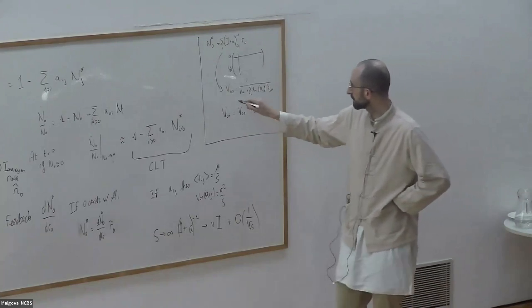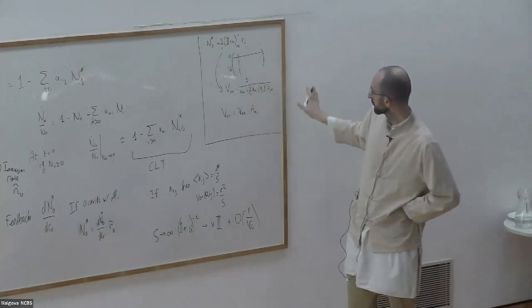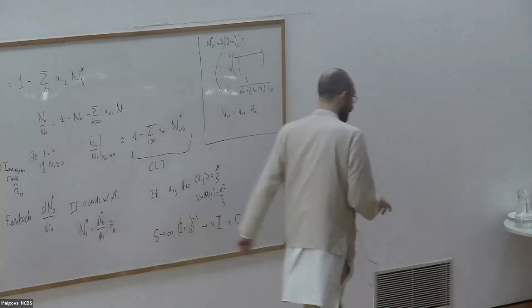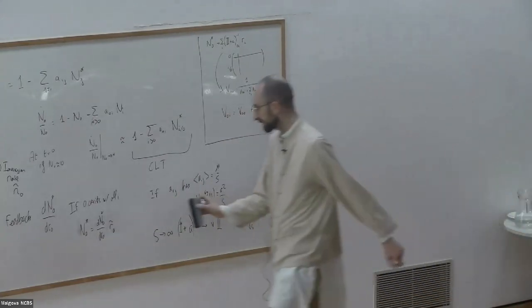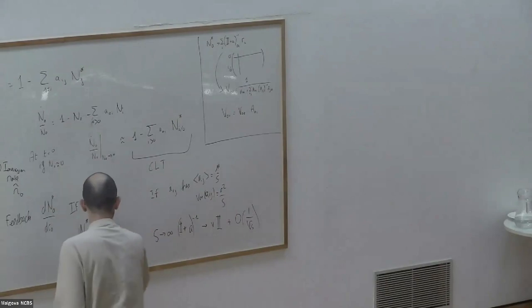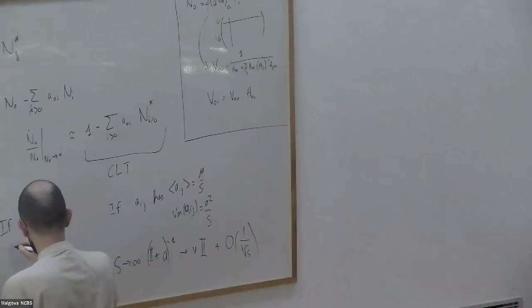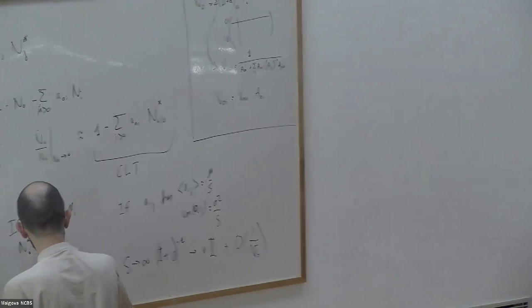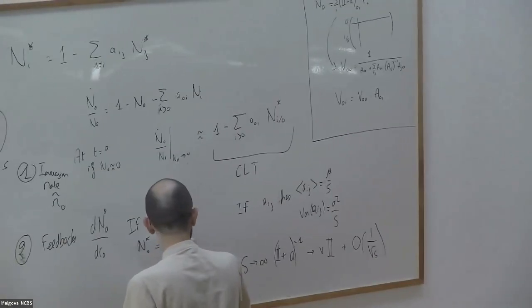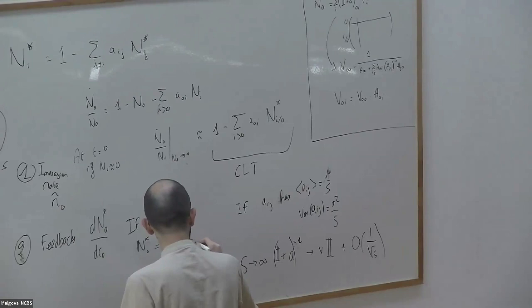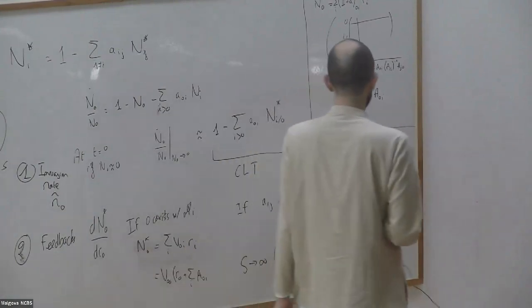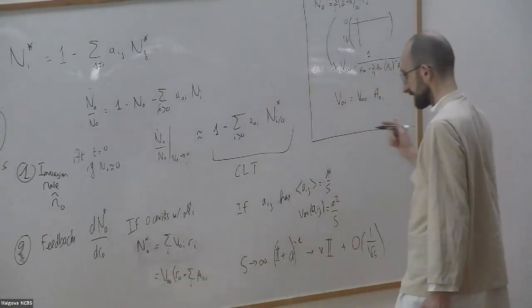And so you can just do it, and it's a known thing, which means that if I get back to this thing here, this is how I'm going to prove the expression that I wrote here. If I start from N0 star is equal to sum over I, V0I, Ri, I can also say it's V00 times R0, which is 1, plus sum over I, A0I, times the abundances.